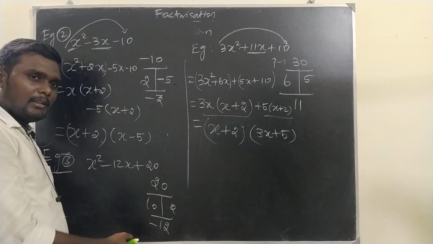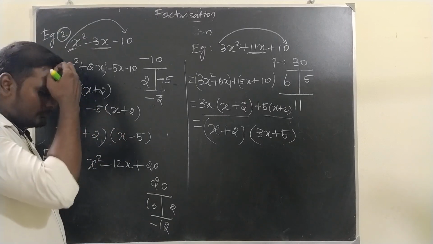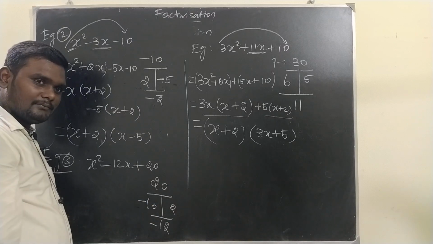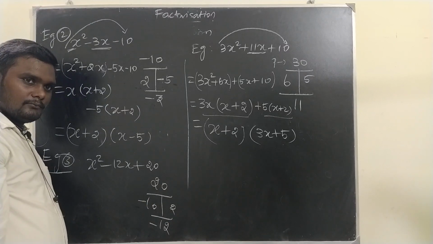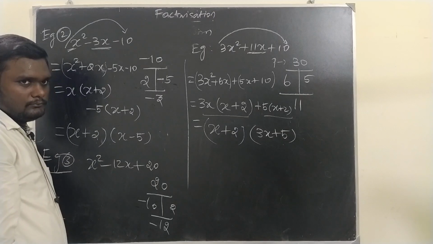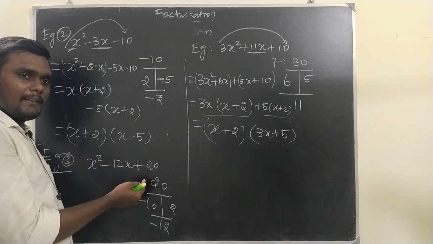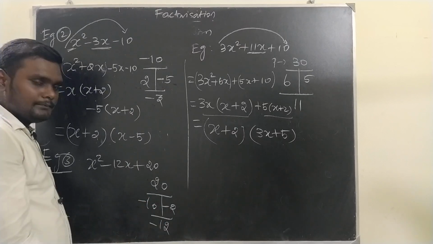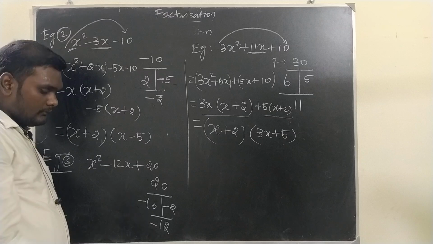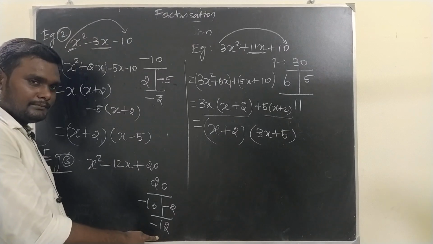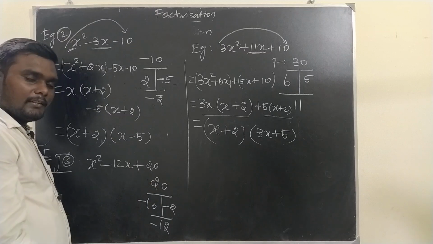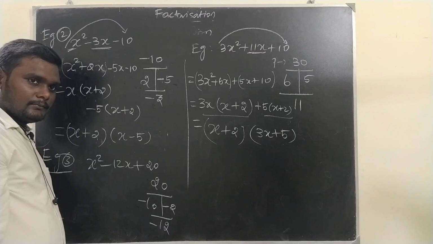When will the sum be minus 12? If the leading number is negative, do we get minus 12 here? No. Also, the product is getting negative. So, when both numbers are negative, while adding minus 12 will come. While multiplying, plus 20 will come, isn't it? Minus into minus is plus.